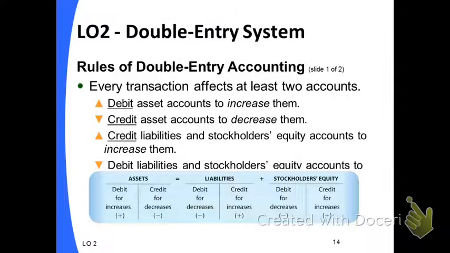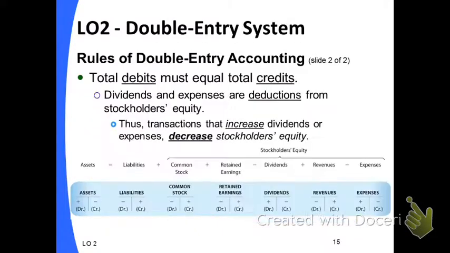Credits to liabilities and stockholder equity accounts increase them, and debits to liabilities and stockholder equity accounts decrease them. The total debits must always equal the total credits.